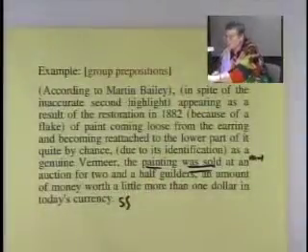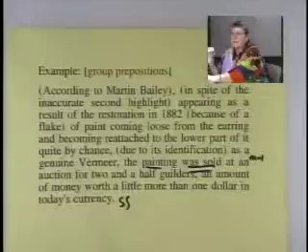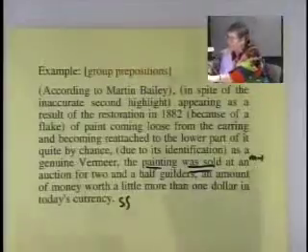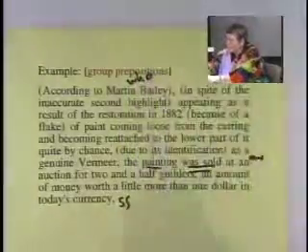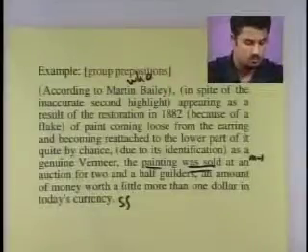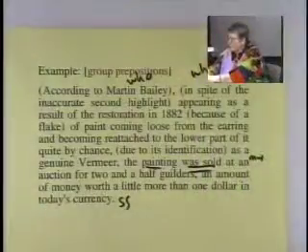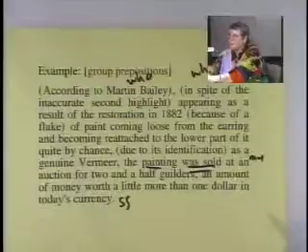Let's look at the prepositional phrases that have group prepositions. Farah, "according to Martin Bailey" answers? Who? Jeff, "in spite of the inaccurate second highlight" answers? What? "Appearing as a result of the restoration in 1882 because of a flake," Kim.